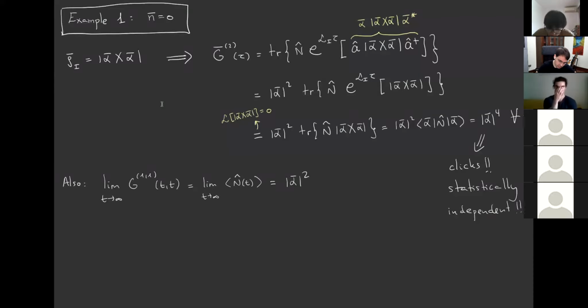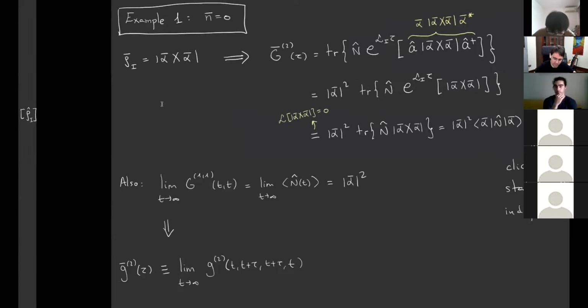So then putting together these two results, this means that the normalized, so something that we will define as the normalized G2 function, which is nothing but the limit when t goes to infinity of the G2 function of t plus tau, t plus tau, t.